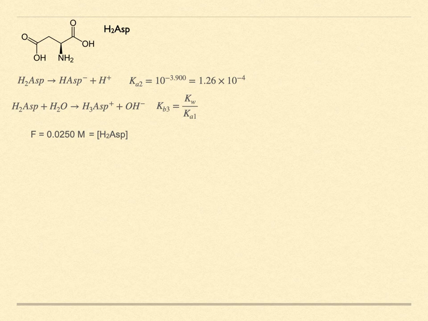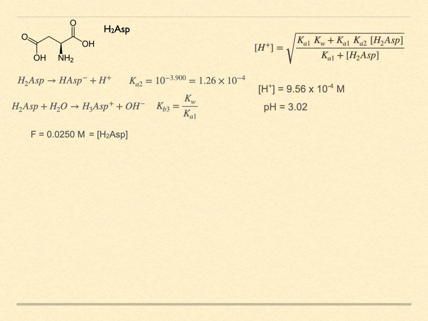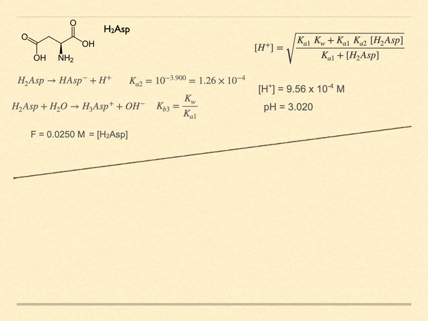But if you recall, we cast that equation in terms of the 2 acid dissociation constants for the 2 reactions. The one that produces H2-ASP is Ka1, and the one that consumes H2-ASP is Ka2. So while we could determine Kb3, we do not need to. Just leave it as Ka1. We find the following. The hydronium ion concentration is 9.56 times 10 to the -4 molar, so the pH is 3.02.